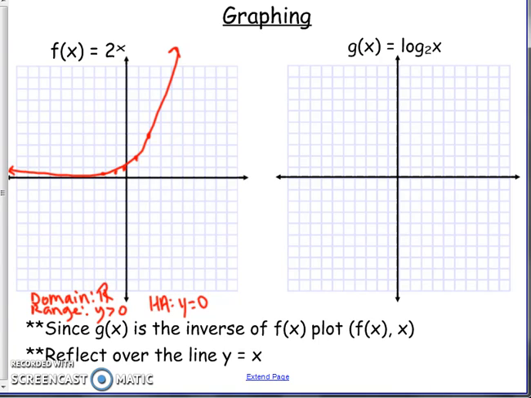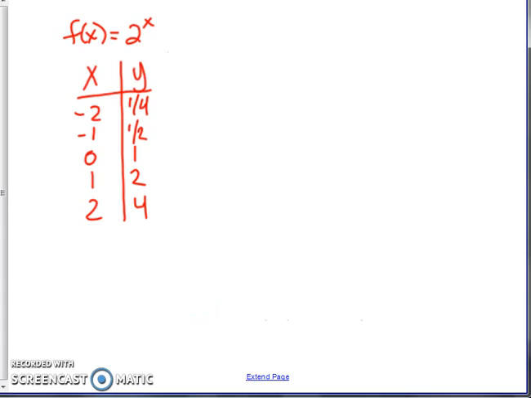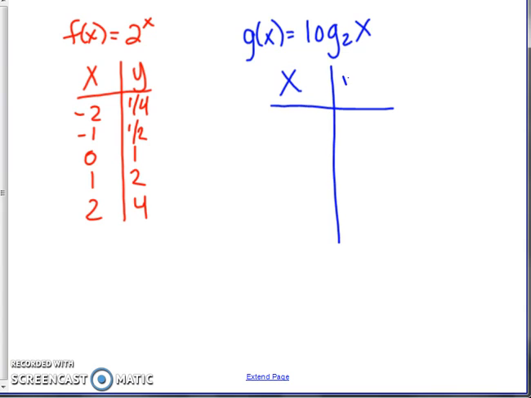So now we have g of x equals log base 2 of x. And since g of x is the inverse of f of x, we're going to just plot the inverse. So here, when I do my inverses, g of x equals log base 2 of x, I'm just flipping my x's and my y's.